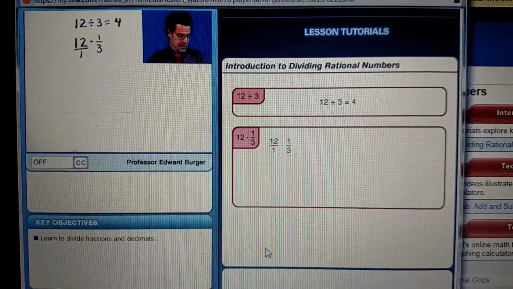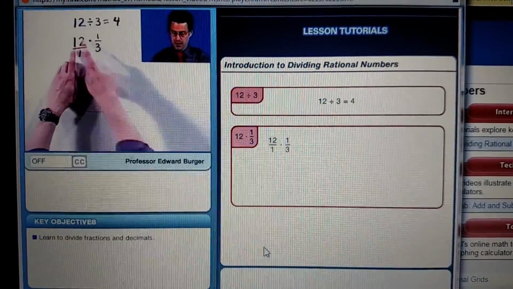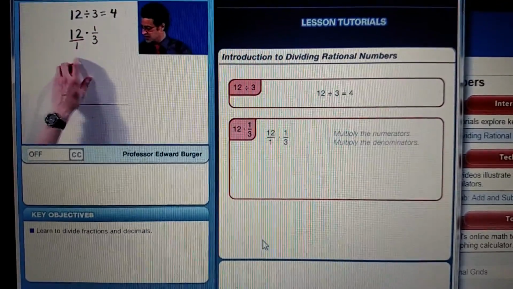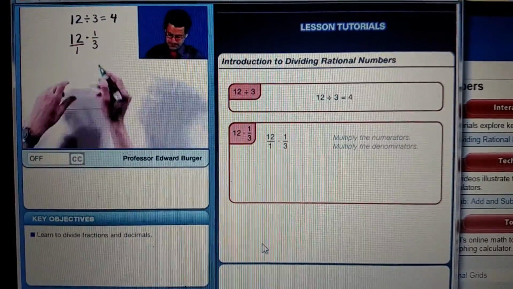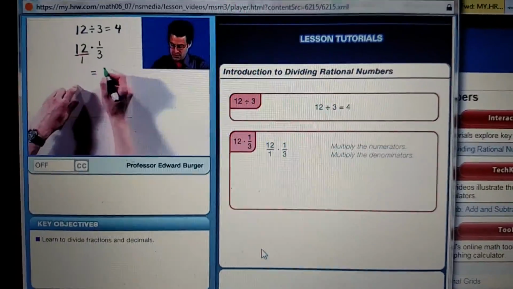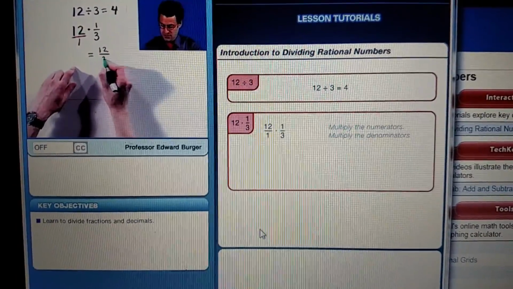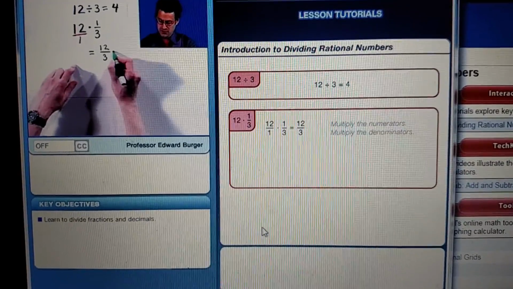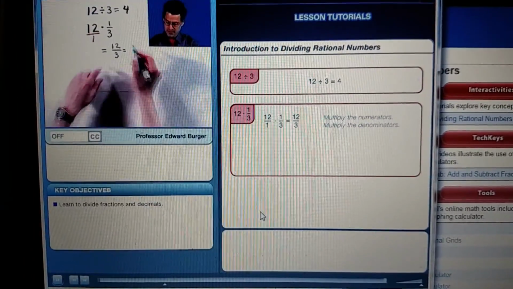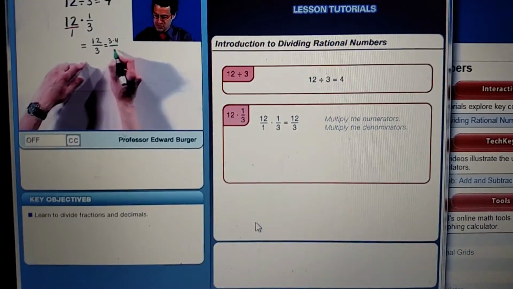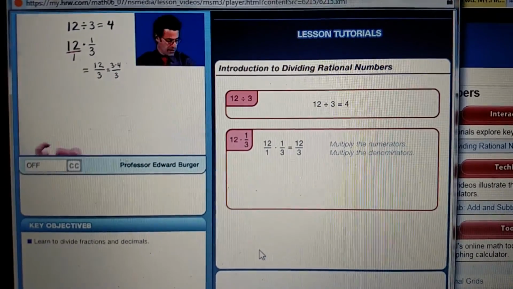And so how do we multiply fractions? We simply multiply the tops, multiply the numerators, multiply the denominators. And so here we get 12 times 1 is 12, over 3 times 1, which is 3. And so once we notice we can actually factor that a little bit, we see 3 times 4 as the numerator, 3 as the denominator.